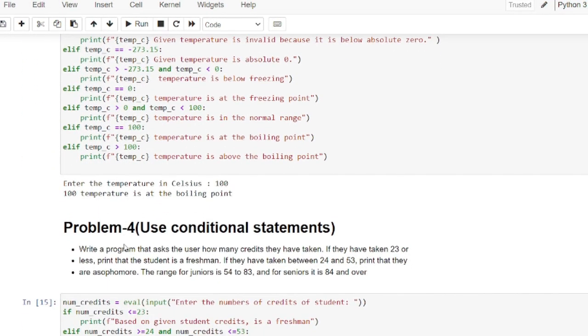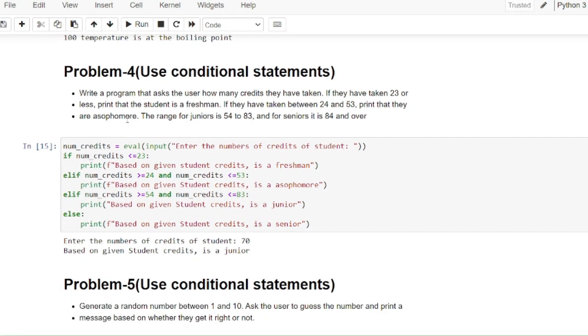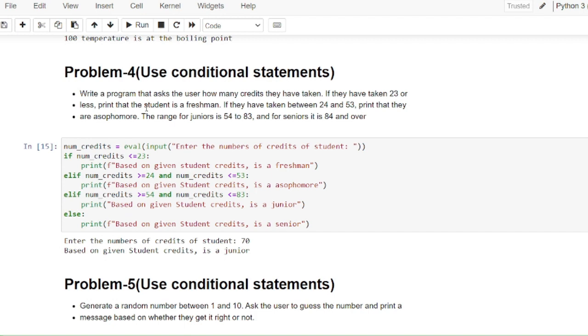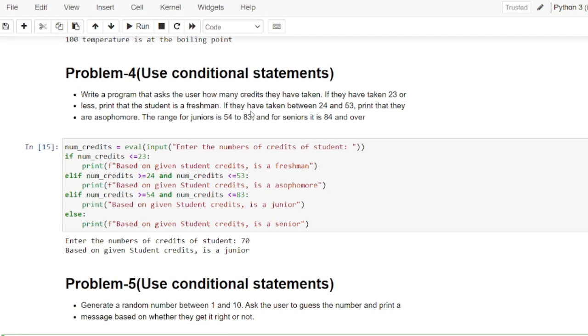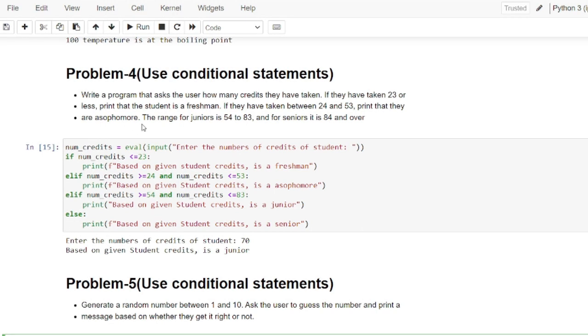Problem number 4. Write a program that asks the user how many credits the student has taken. If he has taken 23 or less, then the student is a freshman. If it is between 24 and 53, print this one.